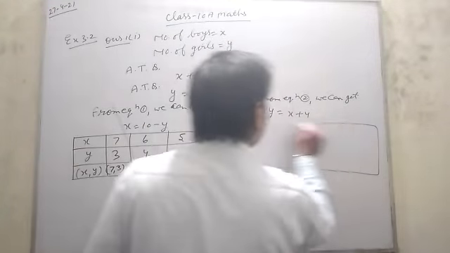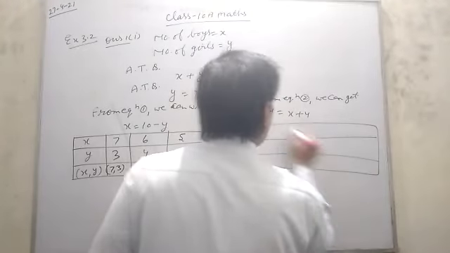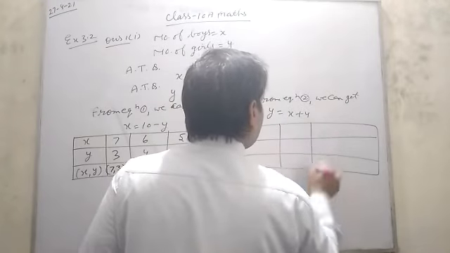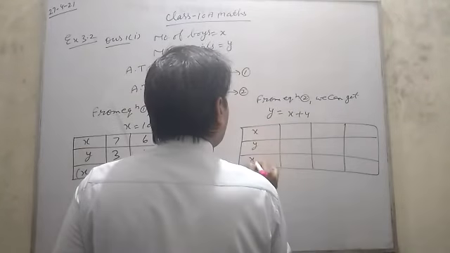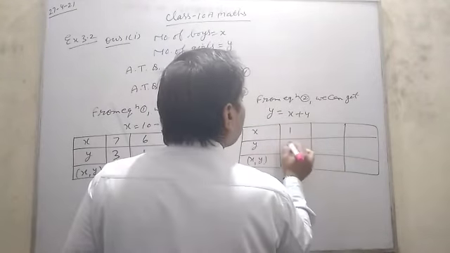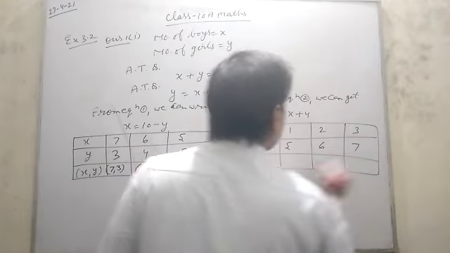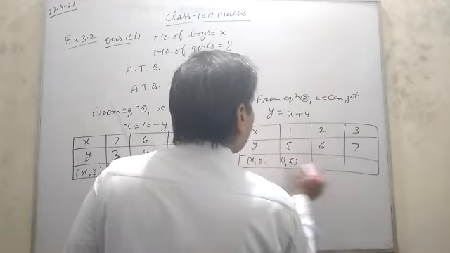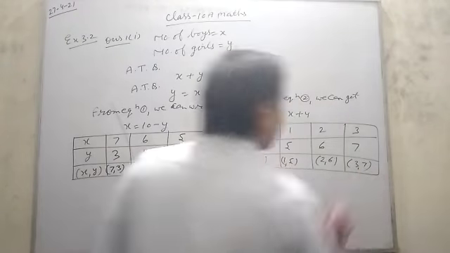Make a table with x, y, and (x, y). Put x value 1, then 1 plus 4 is 5; 2 gives 6; 3 gives 7. So (1, 5), (2, 6), (3, 7).